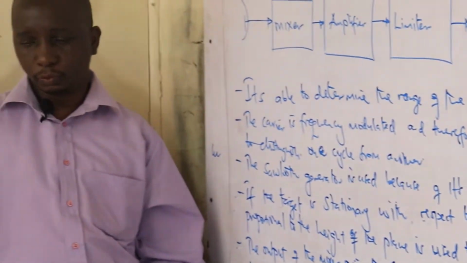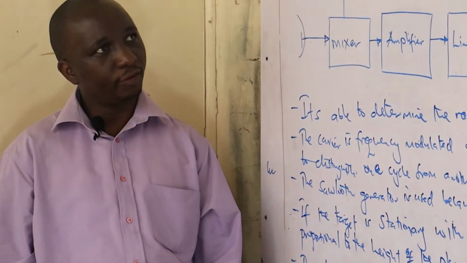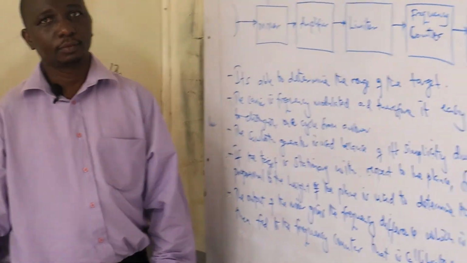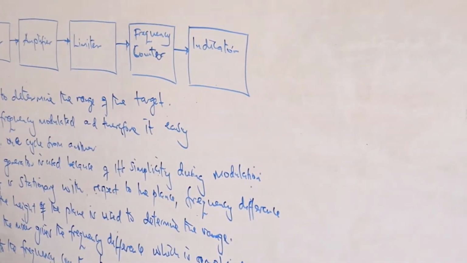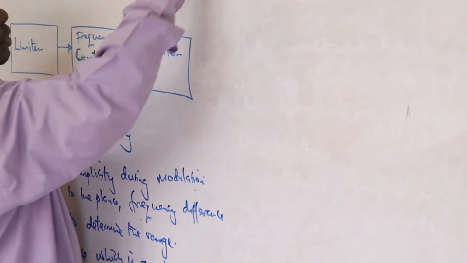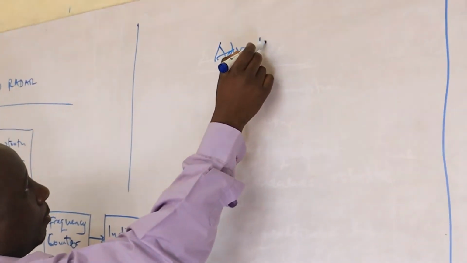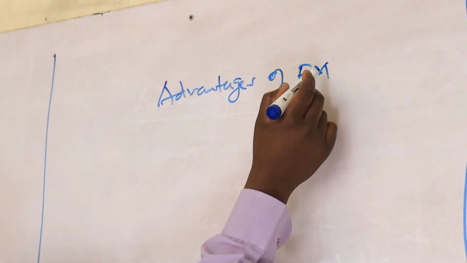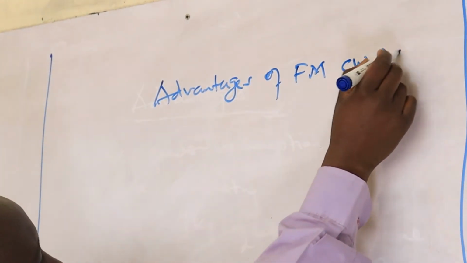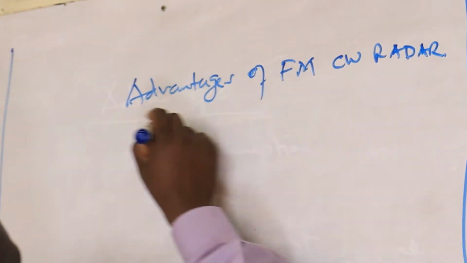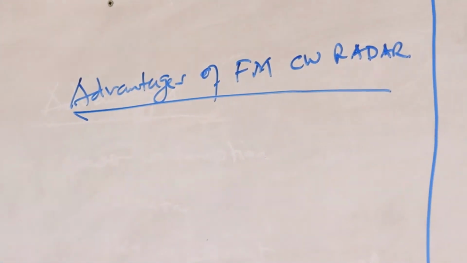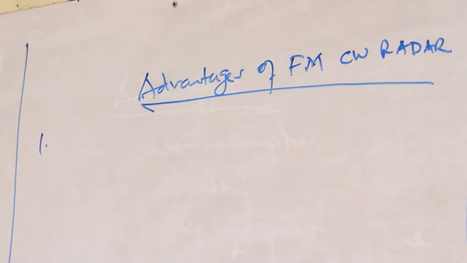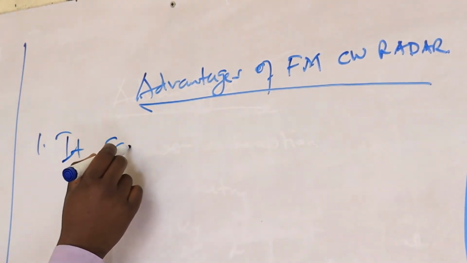So shall we be able to determine also the advantages of this type of radar system? Advantages of frequency modulated CW radar. The first key thing you need to know is that it can measure range and velocity of the targets.